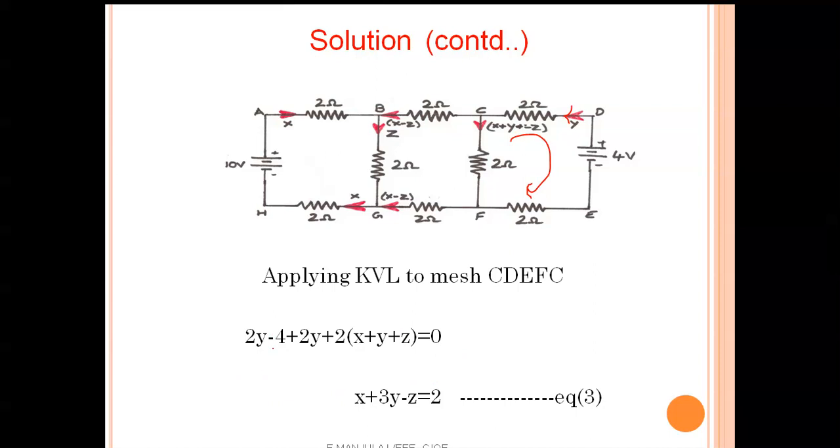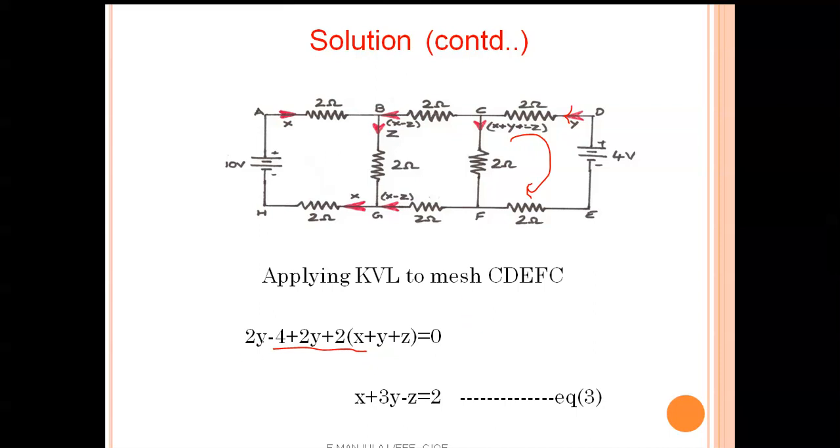Then totally after solving this, you will get x plus 3y minus z is equal to 2. Fine, we will see the solving of this. For at least one we will try. You should be able to understand all the other solvings which are kept directly here. So once we will try this.